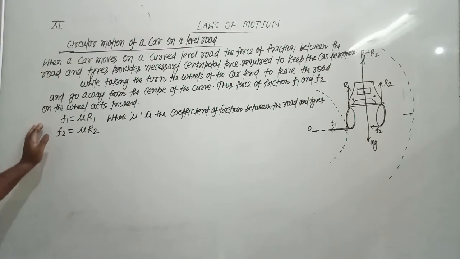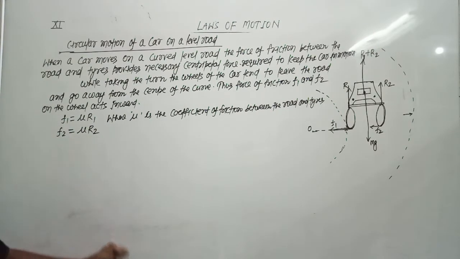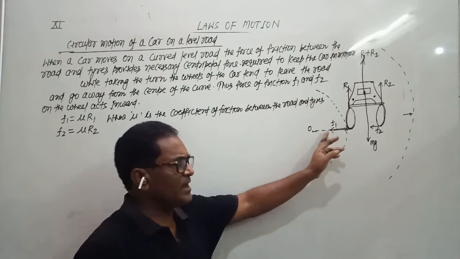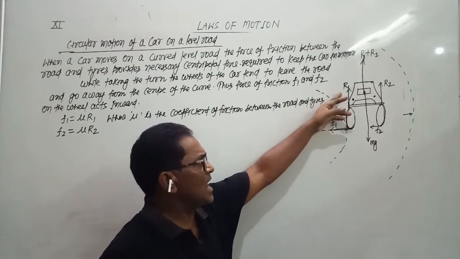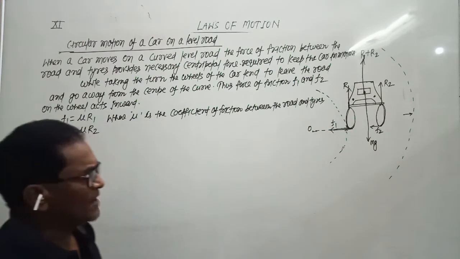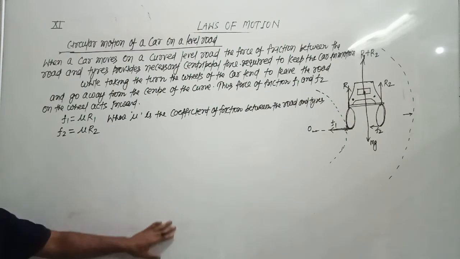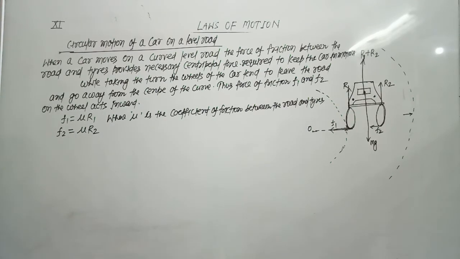F1, the force of friction acting on the first wheel, equals mu into R1, where R1 is the normal reaction, and the force of friction F2 acting on the other wheel equals mu into R2.